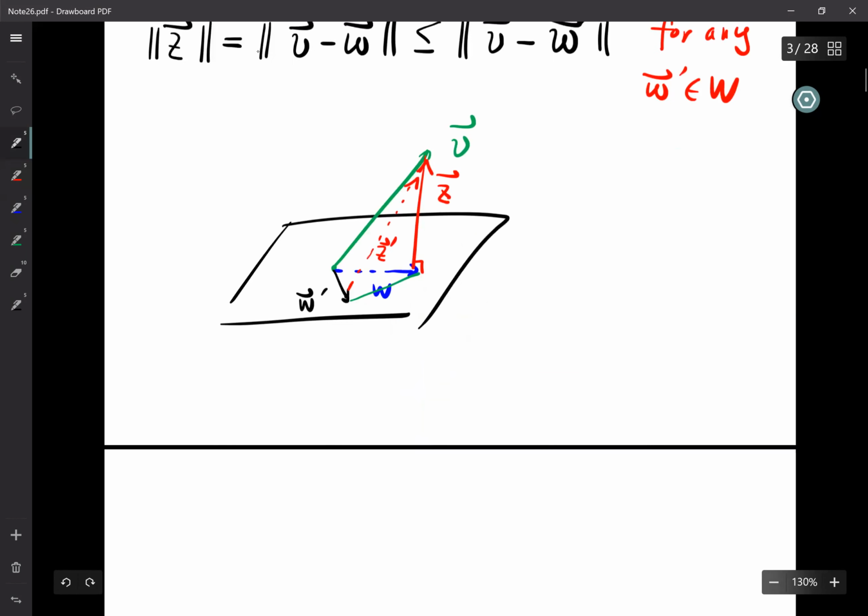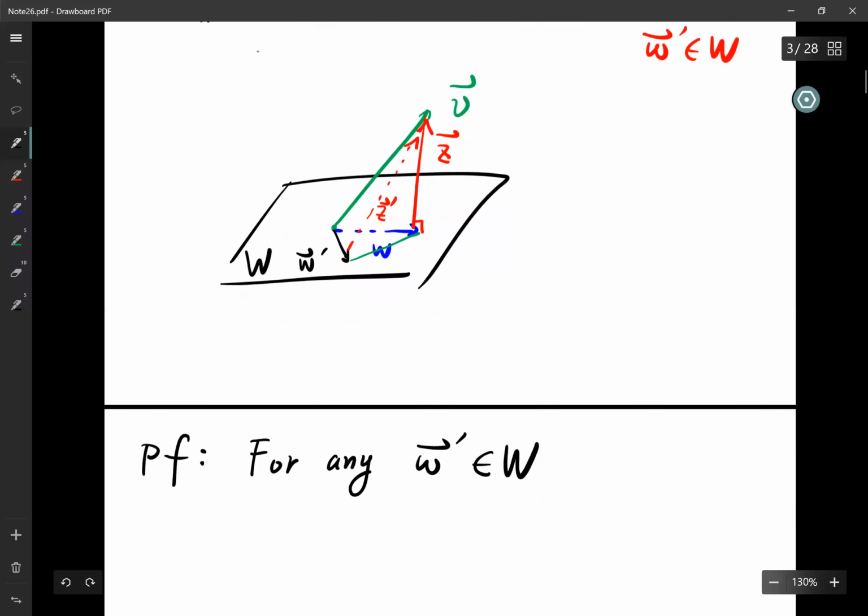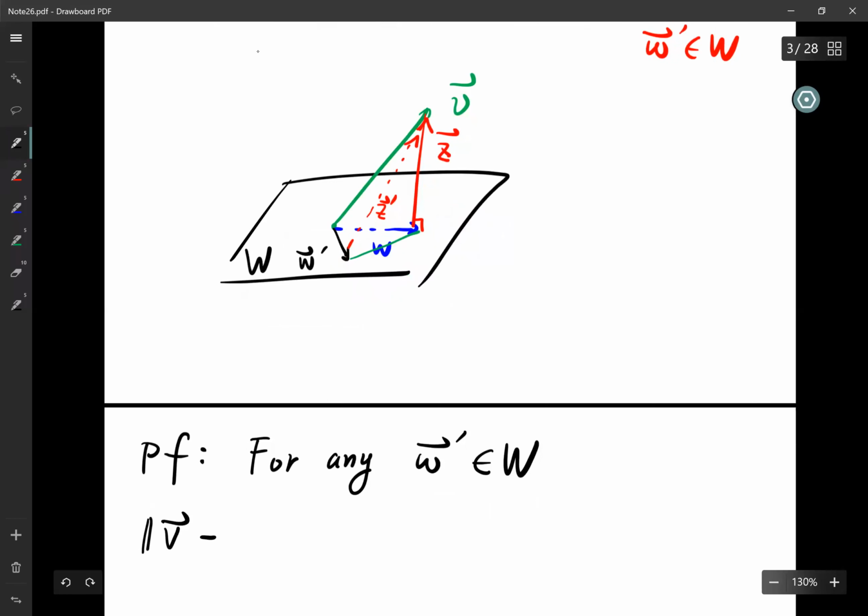The proof is almost exactly like that. I take any W prime in the subspace W, and we compute the length of V minus W prime, squared. I can write it as two things: one is V minus W, the other is W minus W prime.